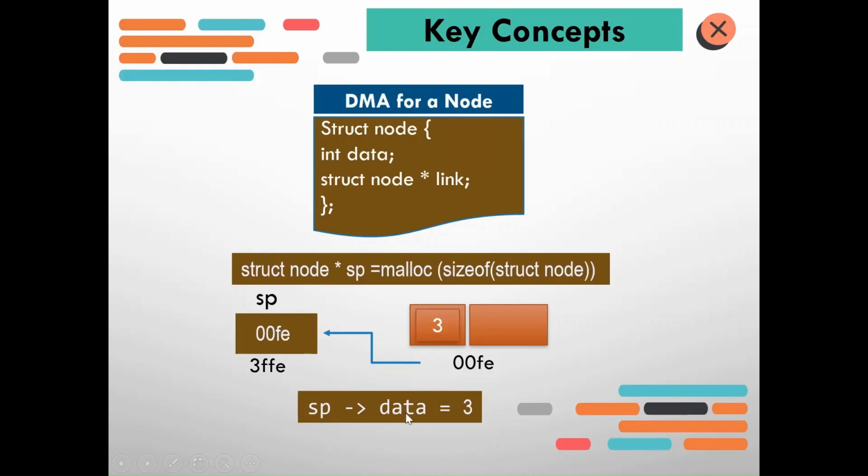So I am assigning the data part of the 00FE memory location to 3, by virtue of this statement. Similarly, the link part I am assigning to null. This is how you do things when you have declared a structure variable dynamically and you are using pointers, right?